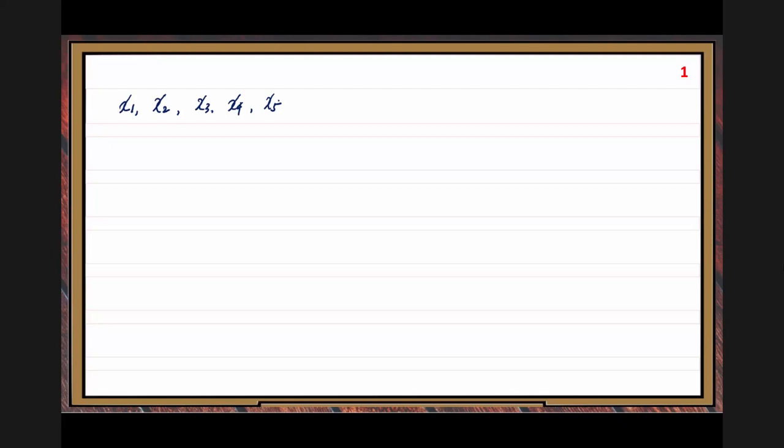So let's group these elements into these 2 pairs. x5 has no pair. So first, 2 pairs. The first round is comparison number 1 and comparison number 2.